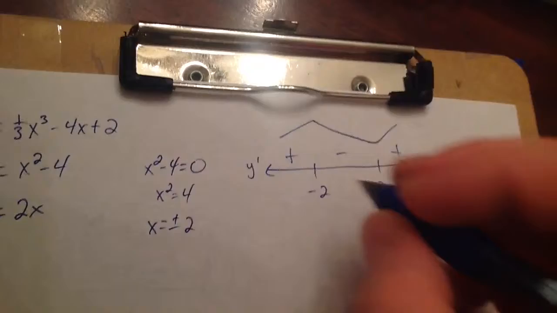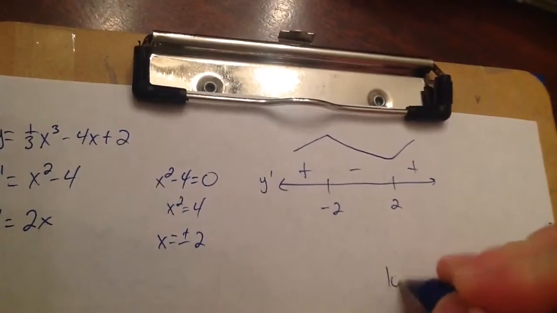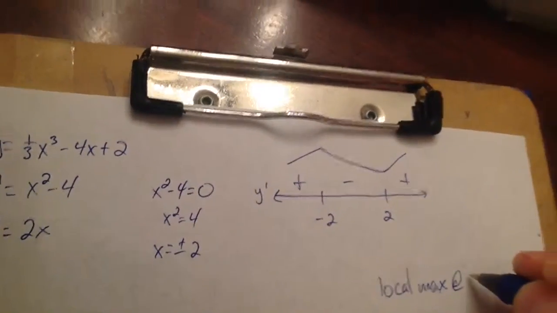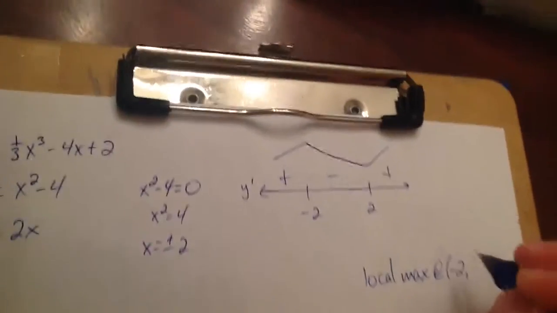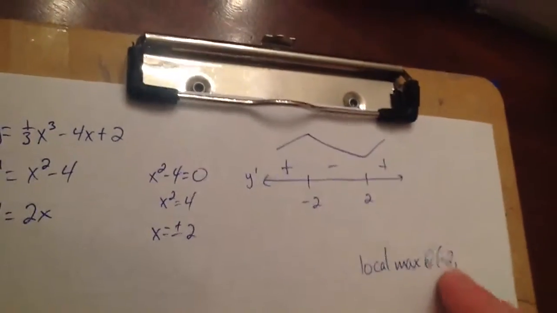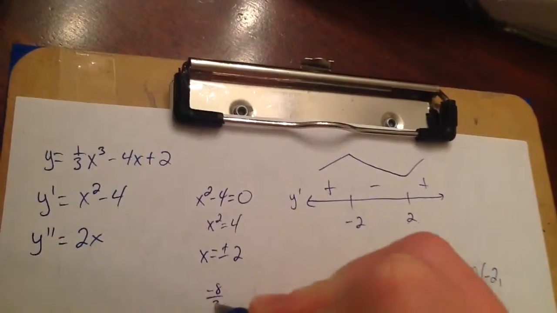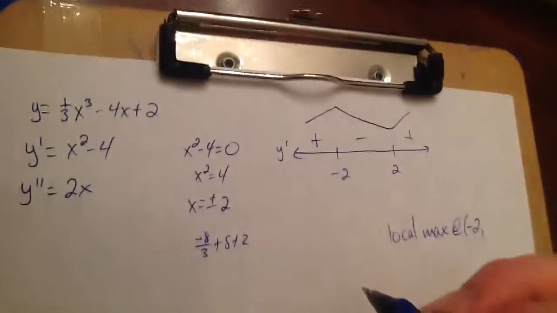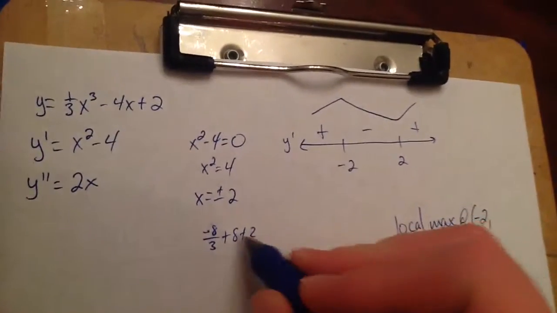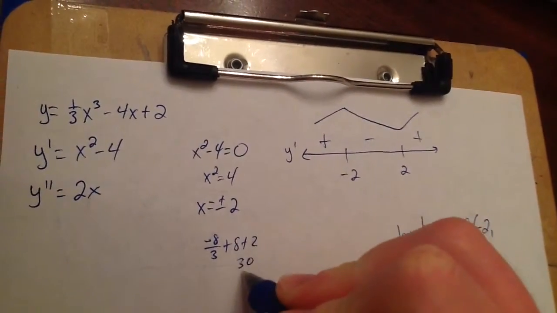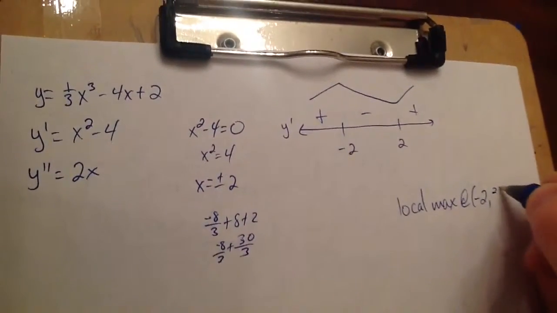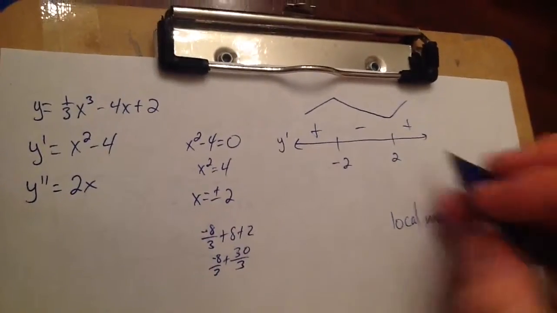So, looks like local max at negative 2. Let's see, this is easy to plug in negative 2 for x, so negative 8 thirds, and plus 8 plus 2, yeah, so 10, 22 thirds, local min there.